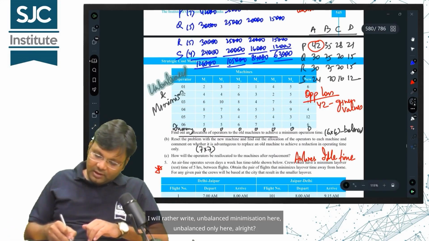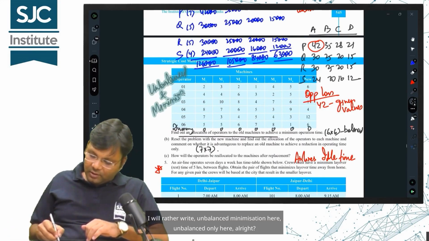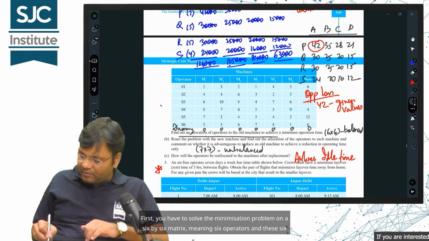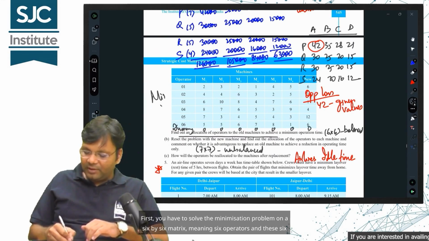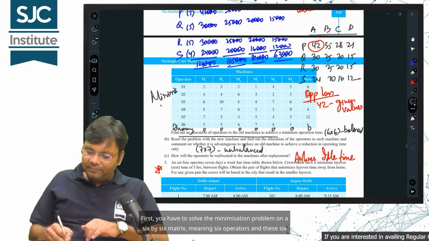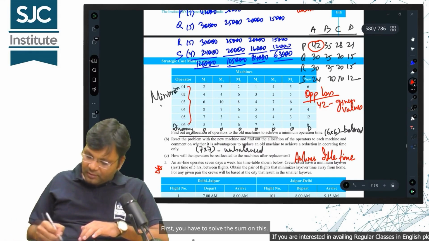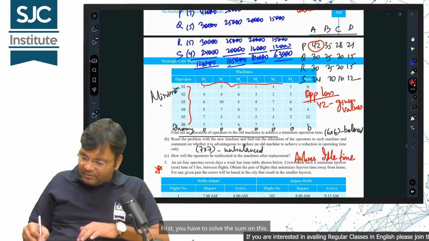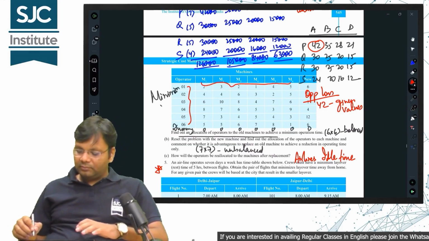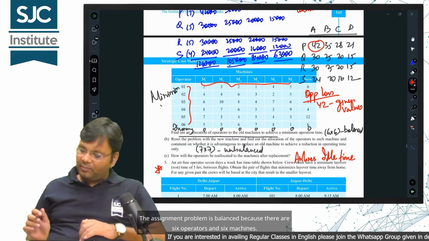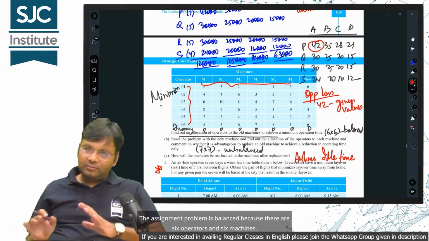A part is a balanced problem, and B part is unbalanced minimization. First, you have to solve the minimization problem on a 6 by 6 matrix, meaning 6 operators and these 6 machines. The assignment problem is balanced because there are 6 operators and 6 machines.